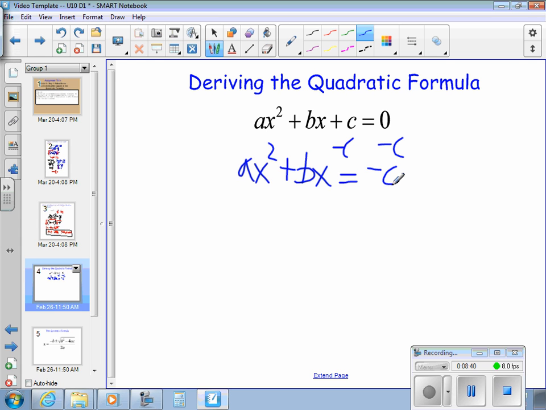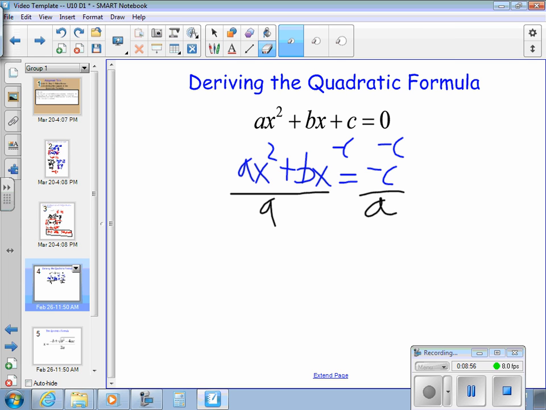Okay, so now, in order to complete the square, I need to get rid of this a coefficient. So I'm going to divide both sides by a. And I'm sorry if my a looked way too much like a 9 here. Let's fix that.